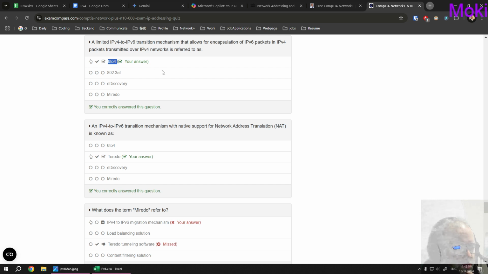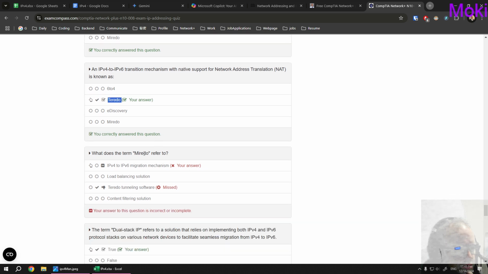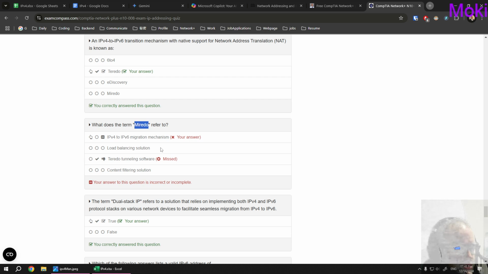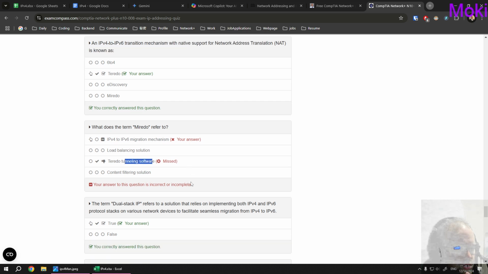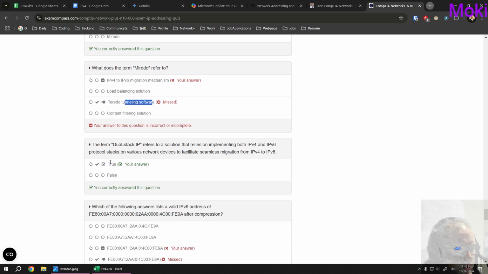So it's 6to4, the IPv4 to IPv6 transition mechanism. Teredo. Miredo, I thought was the same thing. You're sitting here, transition mechanism, but it's a Teredo tunneling software. This is true. The term dual stack IP, you're implementing both protocols, IPv4 and 6.